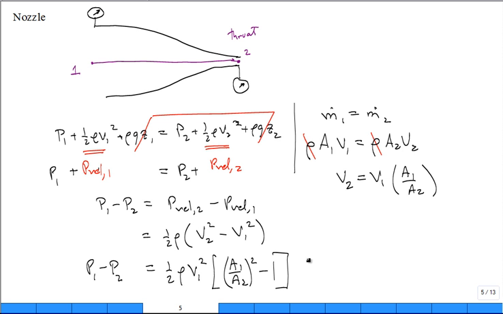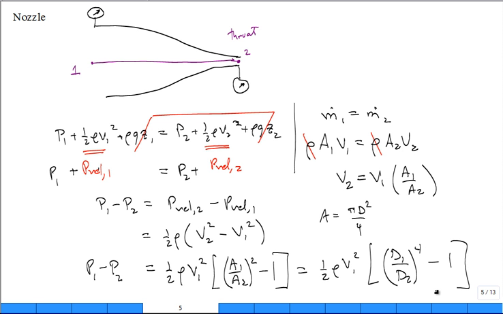Let me do this. If I said that the area is equal to pi d squared over 4, could I put it as 1/2 rho V1 squared times ((diameter 1 over diameter 2) to the 4th power minus 1)? To the 4th power? Think about this. You could throw some numbers in.